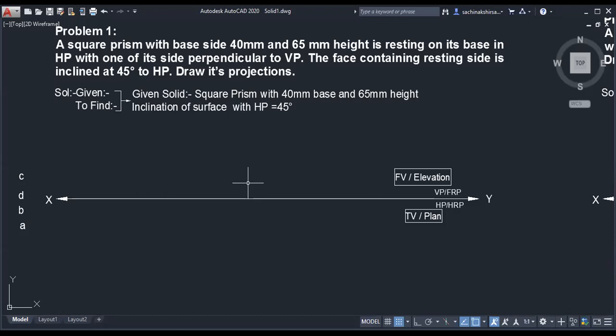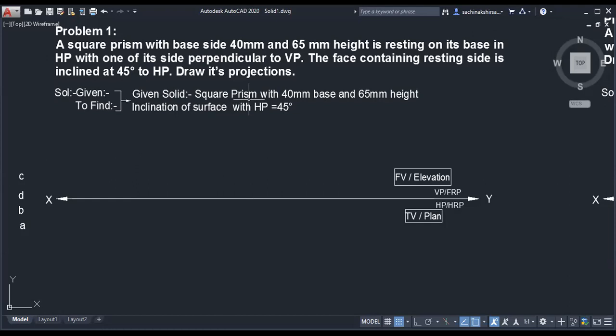Very carefully you have to see what is given. You should not confuse, at this stage, the difference between square prism and square pyramid. So a square prism is given. What are its dimensions? 40 mm and 65 mm.